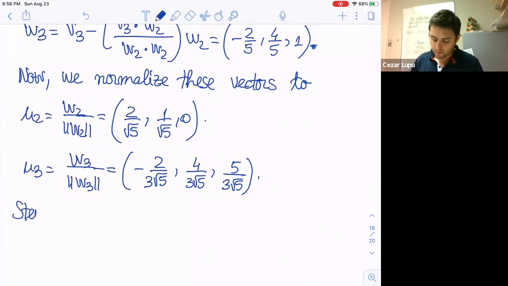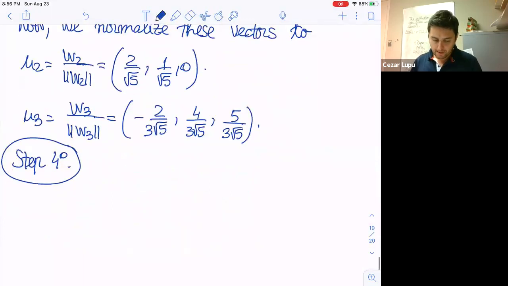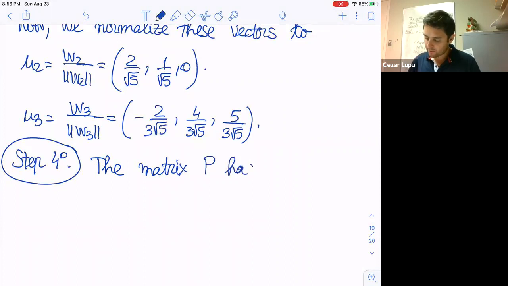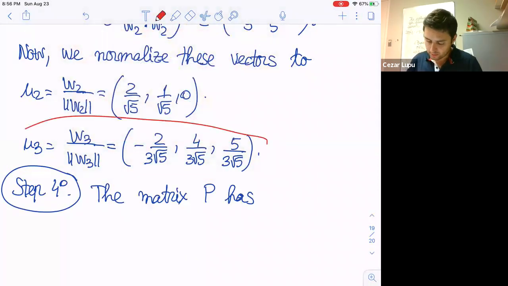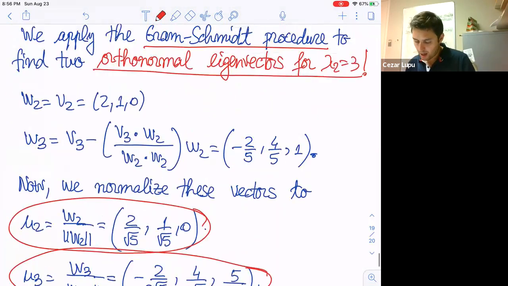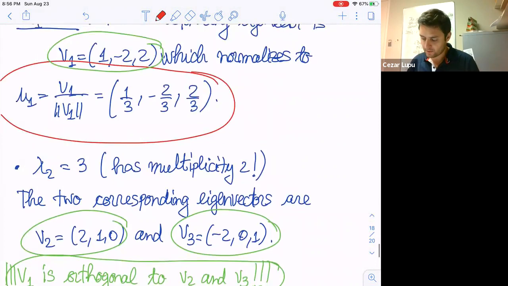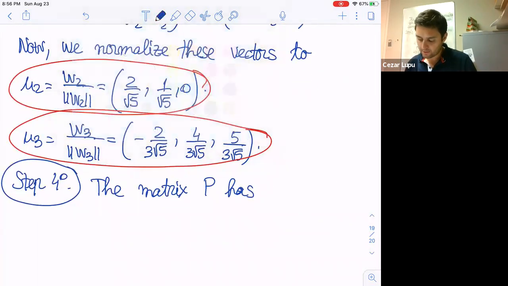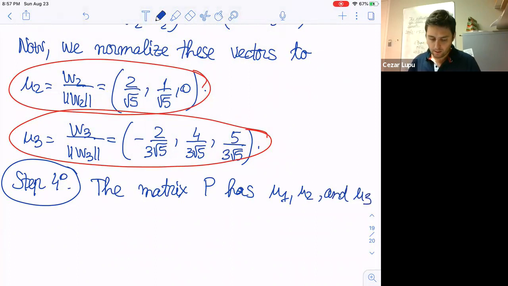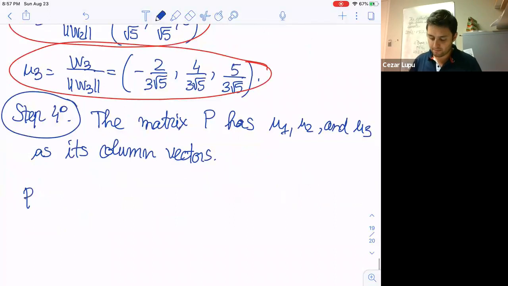And now step 4, the final step, is that the matrix P has the vectors U1, U2, and U3 as its column vectors. Okay, let's write this amazing matrix.